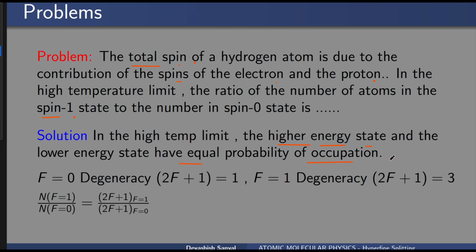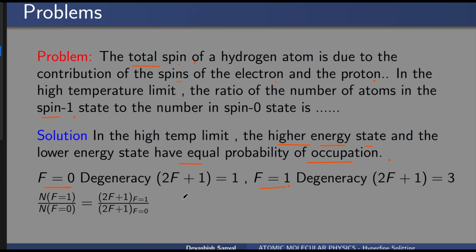If it was not a high temperature limit, then the problem would have been approached differently. So for F is equal to 0, we have one electron, one proton. The proton is coming from the nucleus. So the two states are F is equal to 0 or F is equal to 1.